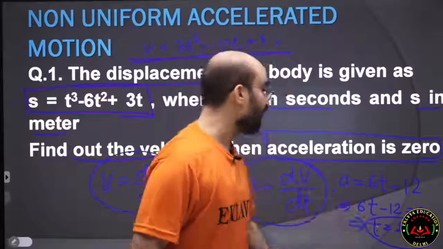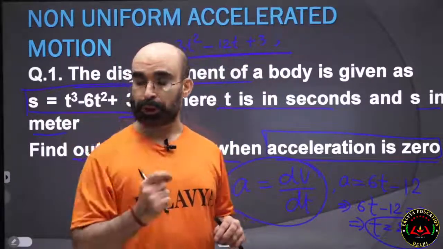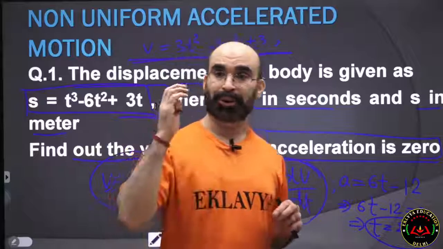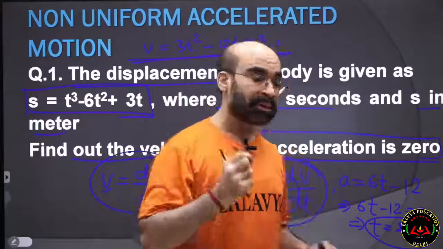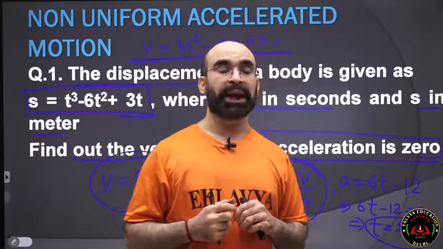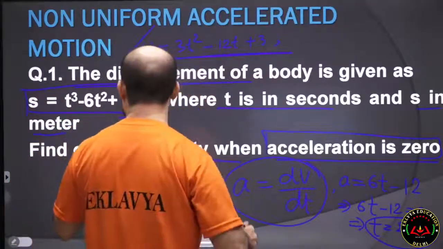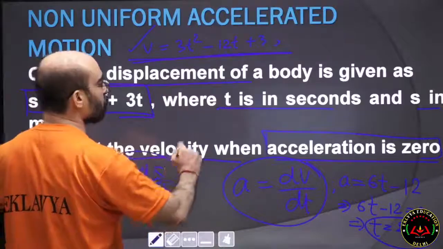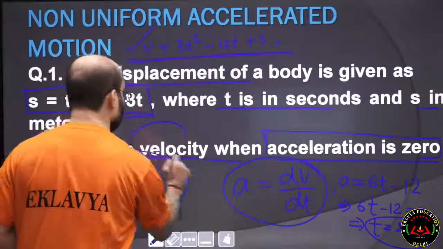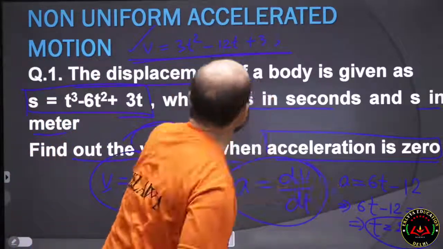So now we have to substitute this value of t in the expression for velocity, because our required result is the value of velocity. So put it here.